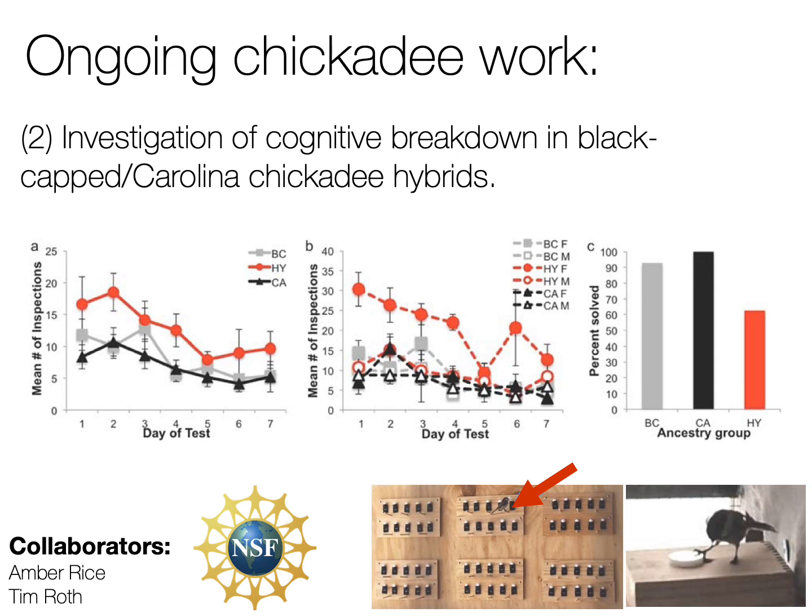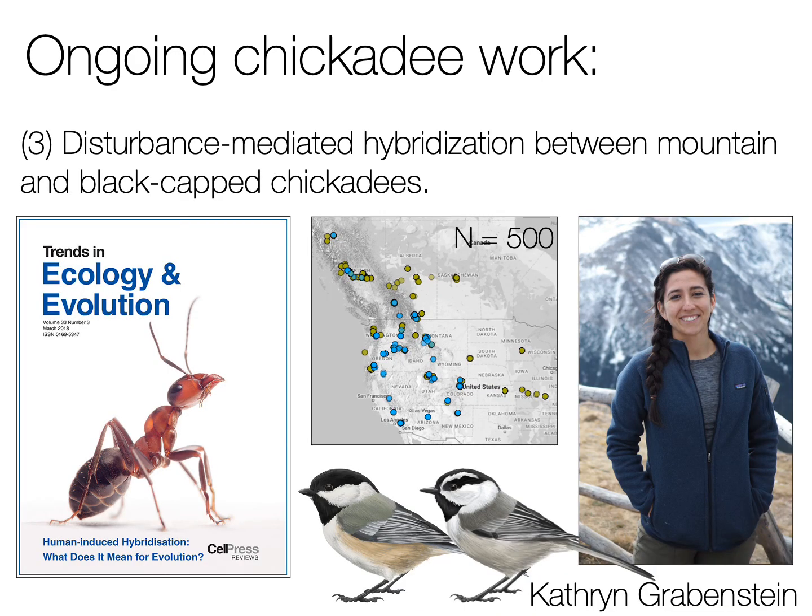And as cache-hoarding birds, if you're cognitively impaired, that may result in strong selection pressures against you during the winter. We're also exploring hybridization between black-capped and mountain chickadees, which we think is disturbance mediated. It tends to occur in regions humans have modified.